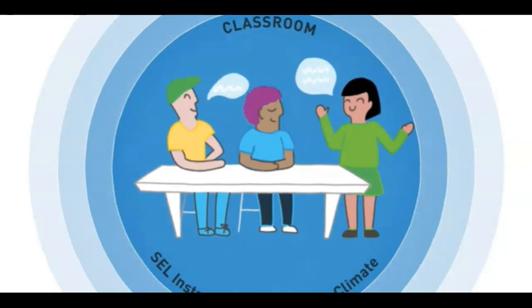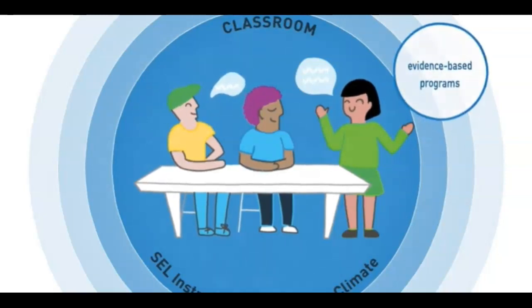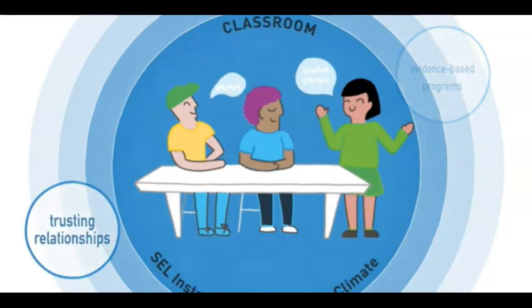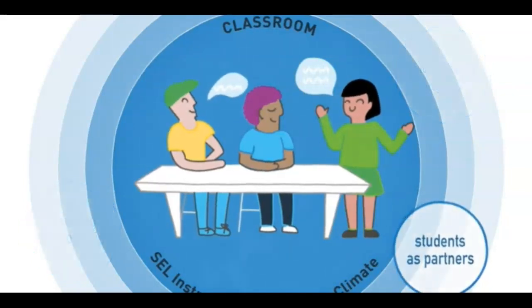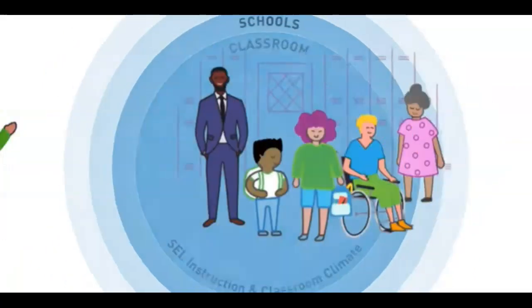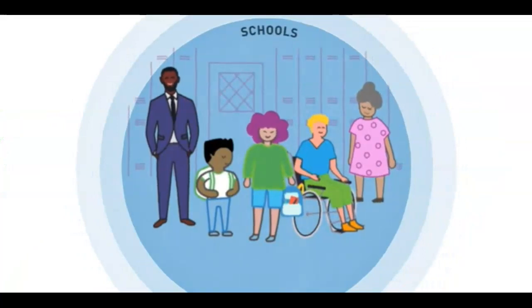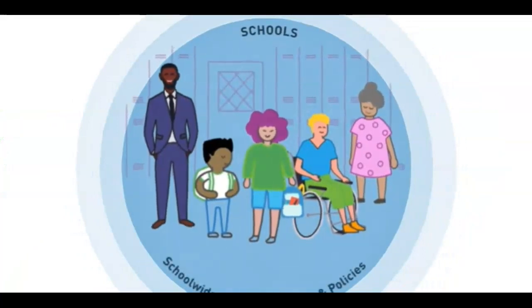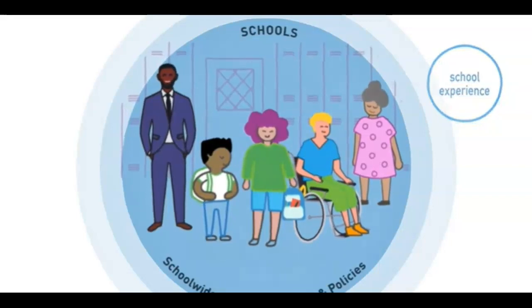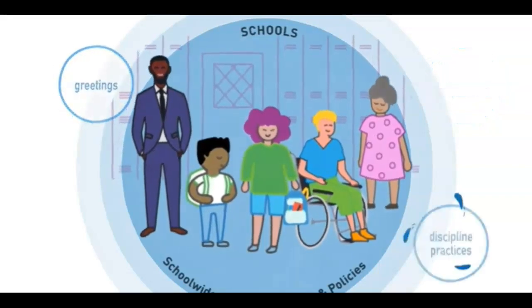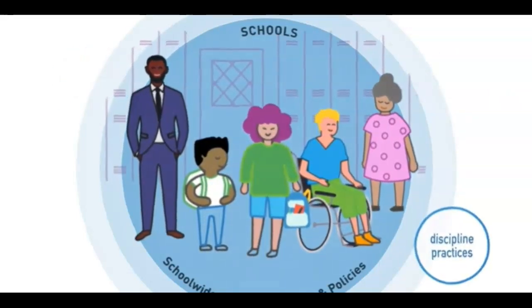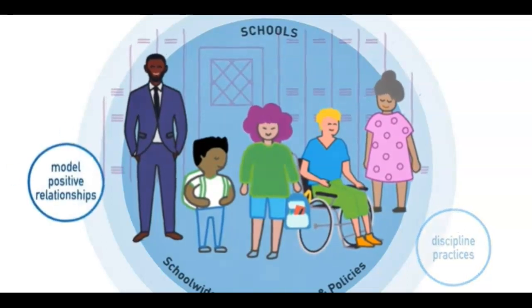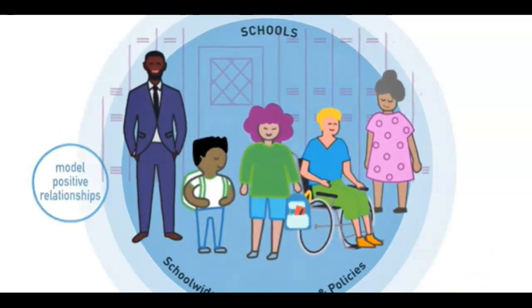SEL is most effective when supported by evidence-based programs and trusting relationships where students are treated as partners in their learning. Beyond the classroom, SEL can be intentionally promoted throughout the school experience, from the way they're greeted in the morning to how discipline practices are carried out and how adults themselves develop and model positive relationships and the SEL competencies.